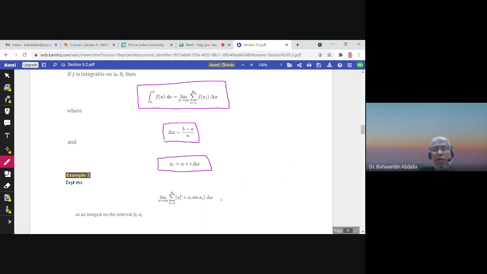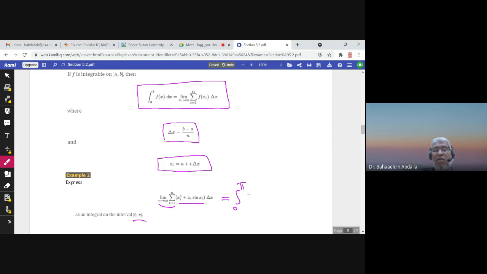So here I can write this limit sum as an integral. From where to where? From 0 to pi. Then I need to write f of x. What is f of x? This is f of xi. So if this is f of xi, then f of x would be the same without i.